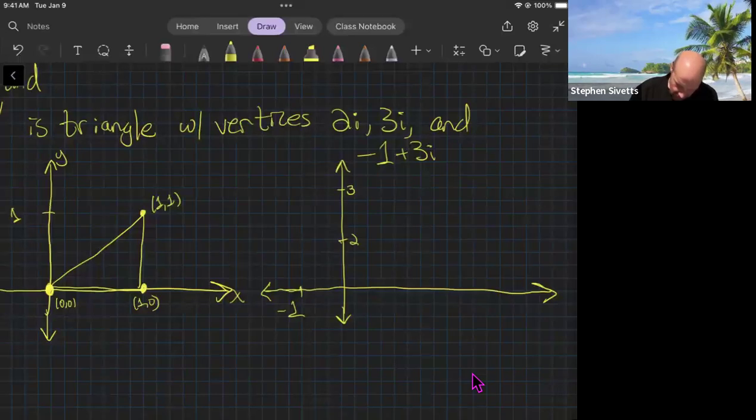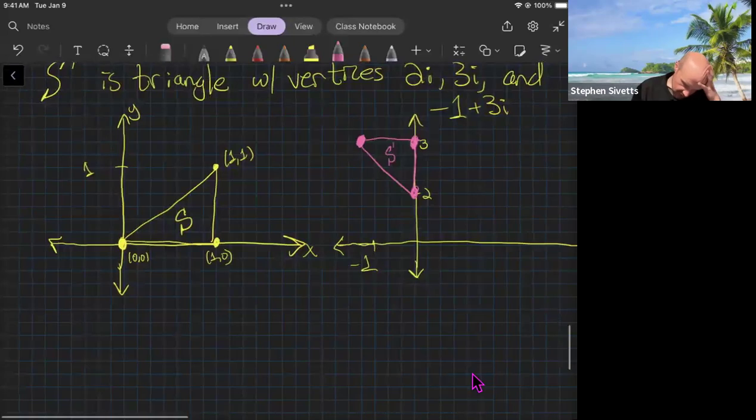So -1 plus 3i, 3i, and then 2i here. So this is S prime, and we have S over here, right? So we want to come up with a transformation.